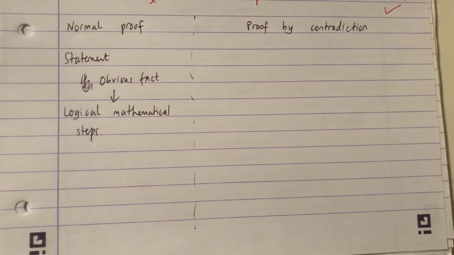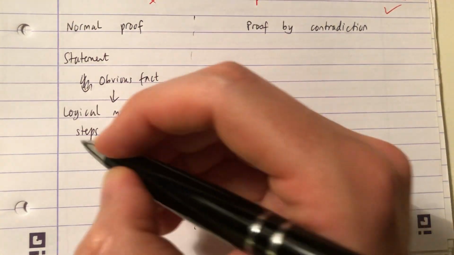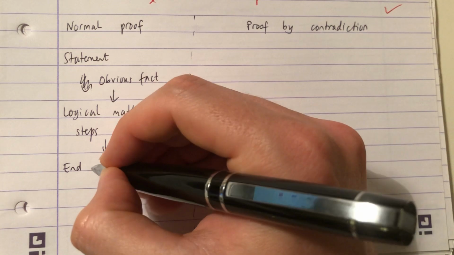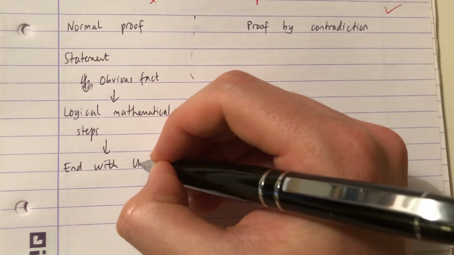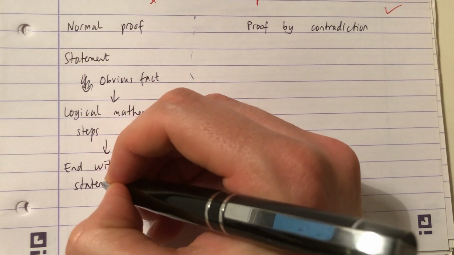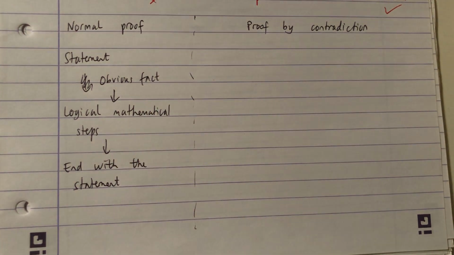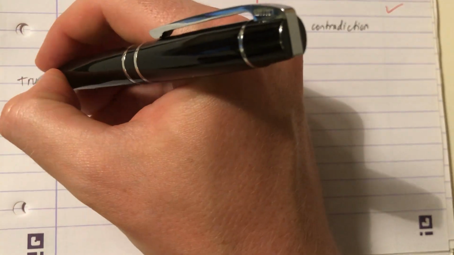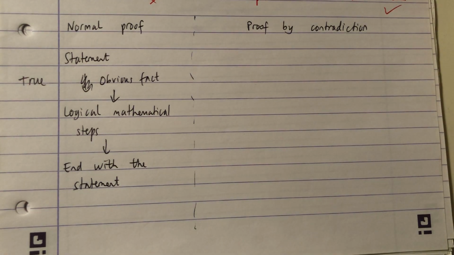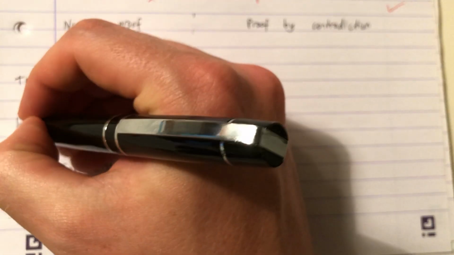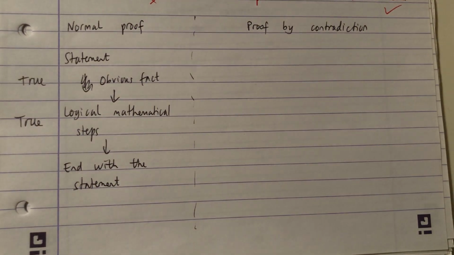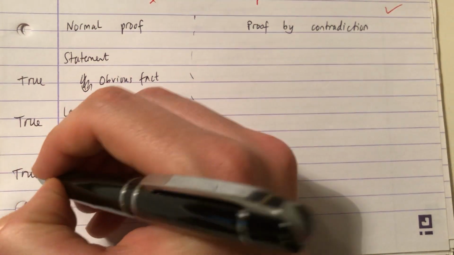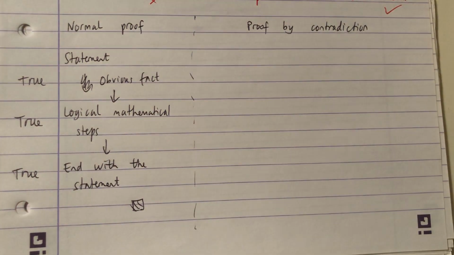Then you follow some logical mathematical steps, and then you end up with a statement. So you started off with something true, something obvious. You followed logical mathematical steps. You didn't break maths, so everything stayed true. And then you ended up with a statement, which meant the statement must be true itself. And that was a version of proof which you'd finish with a proof symbol.